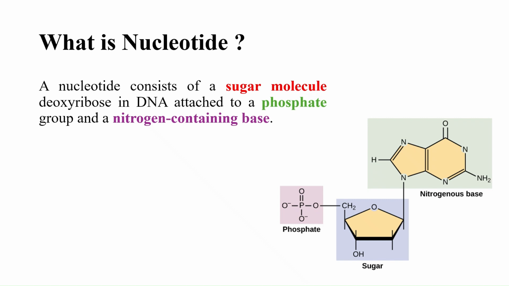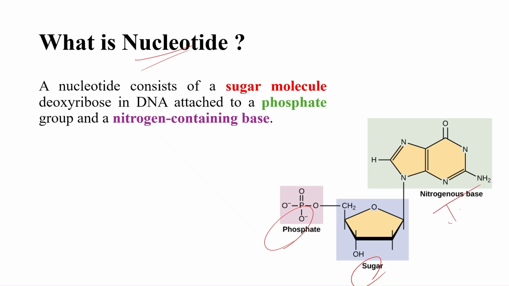Next, what is a nucleotide? A nucleotide is the basic building block of DNA. It consists of three parts: a sugar molecule, a phosphate group, and a nitrogen base.